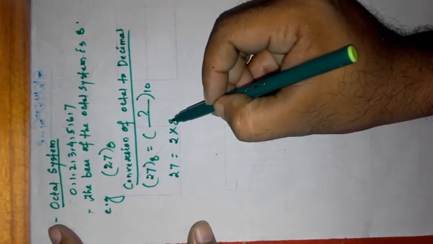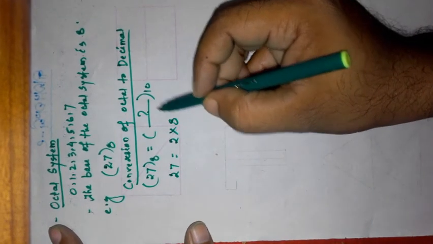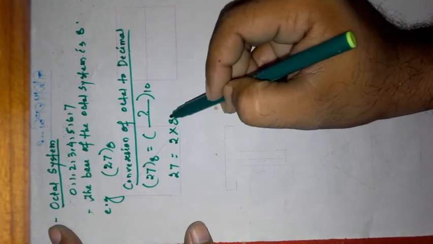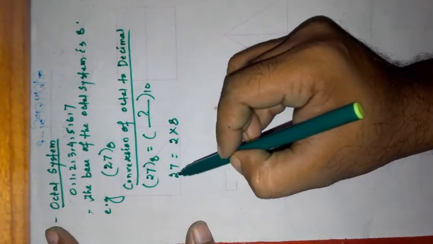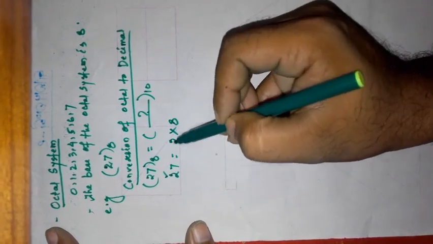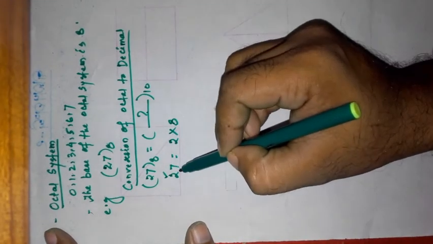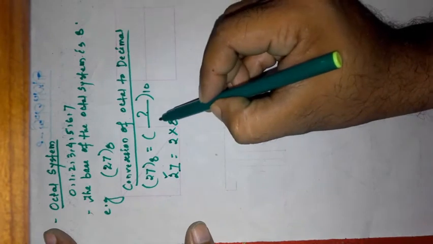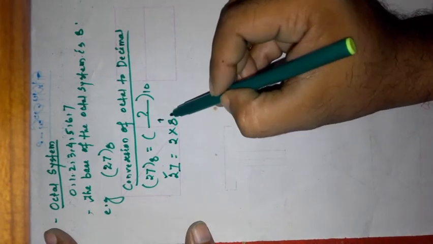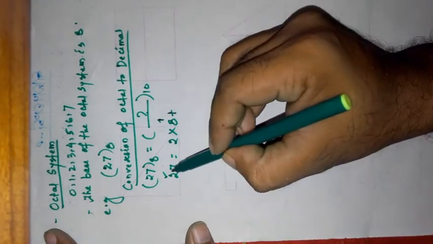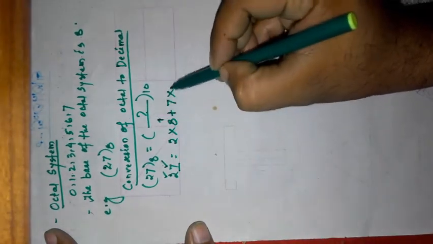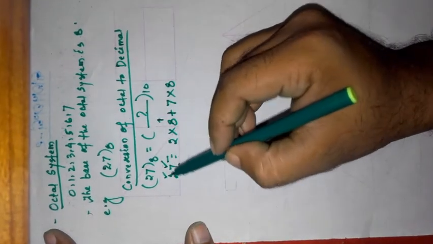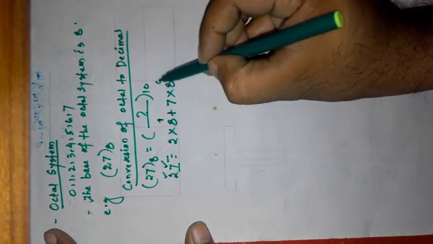Why is it written as 8? Why is it not 2? Because it is an octal system, so we have to write 8. Then first you have to write 2 into 8. How many numbers are left? 1. So you have to write 1 in this place, plus then another number 7 into 8. How many numbers are left? There are no numbers, we have to write 0.